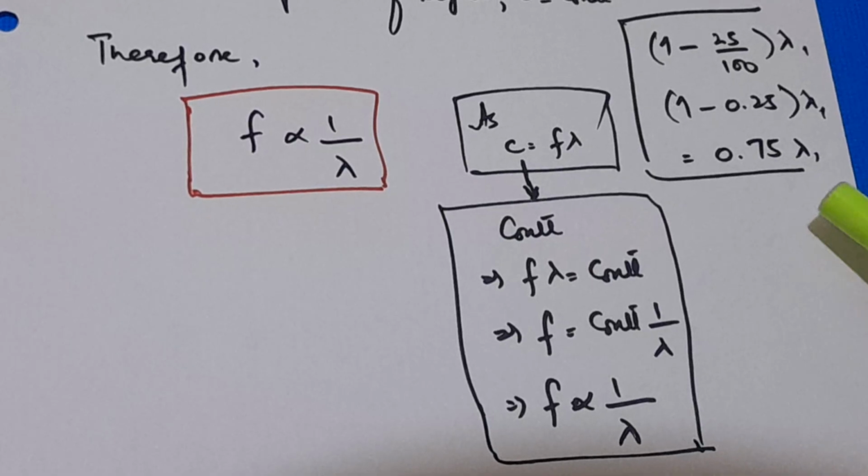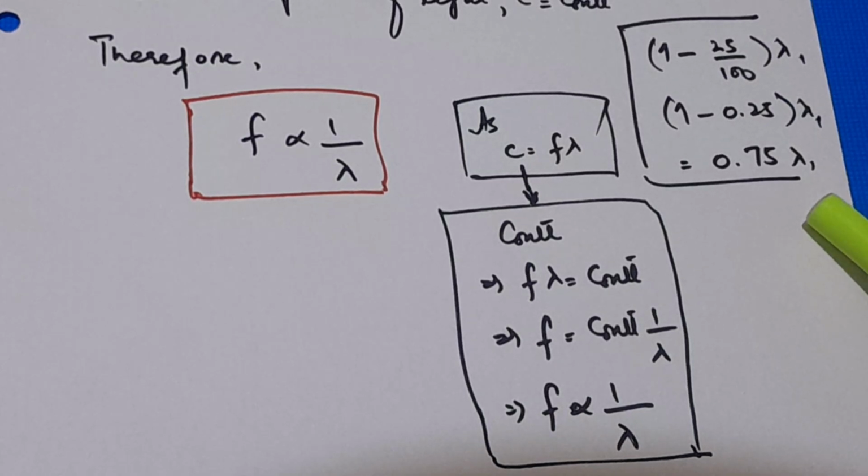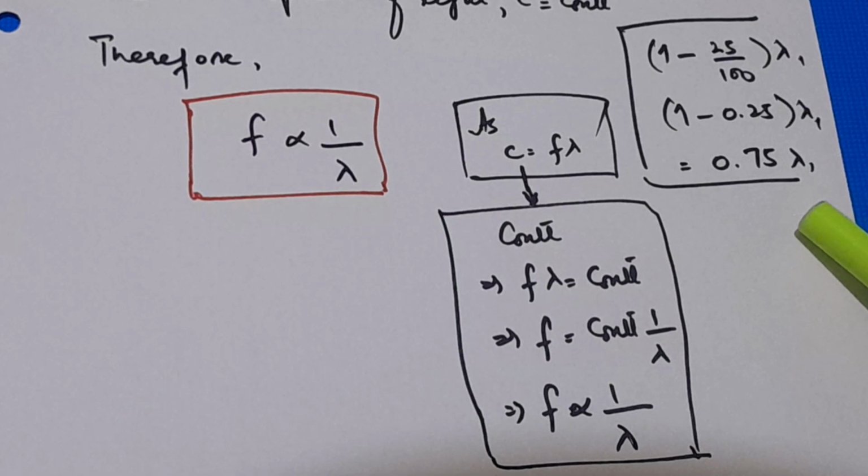So we can write this equation as 1 minus 0.25 times lambda. We'll take lambda common because it is in both the terms. So solving this equation, you will get 0.75 times lambda 1. Thus, the value of lambda 2 is equal to 0.75 times lambda 1.